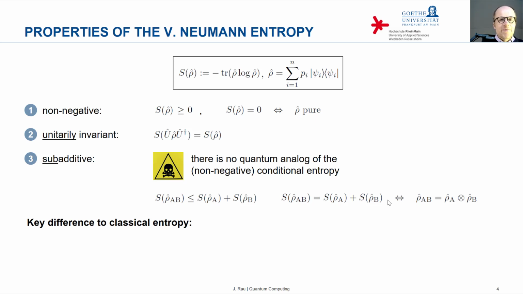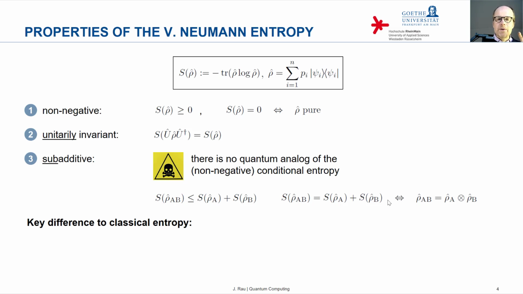Classically, the fact that the conditional entropy was never negative meant that the joint entropy of a combined experiment is never smaller than the entropy associated with just one of the two experiments.